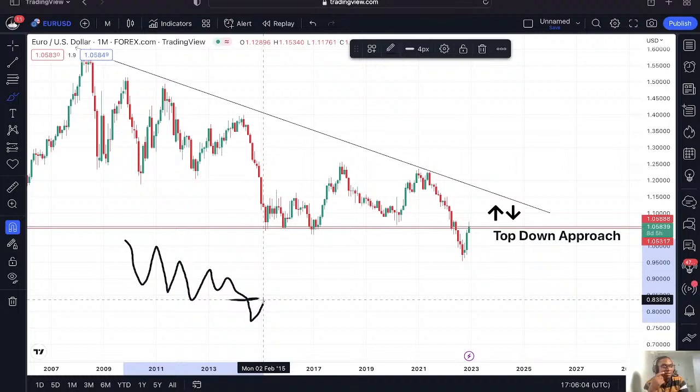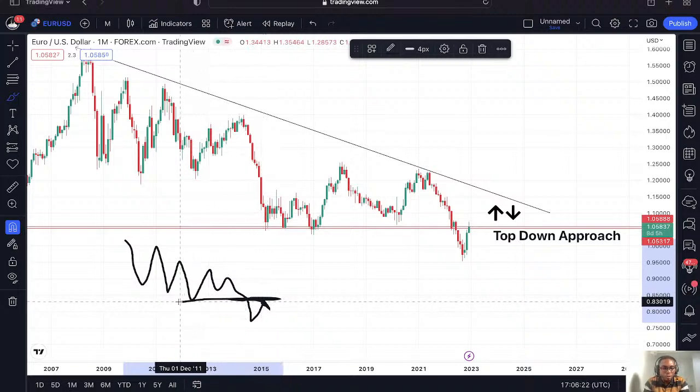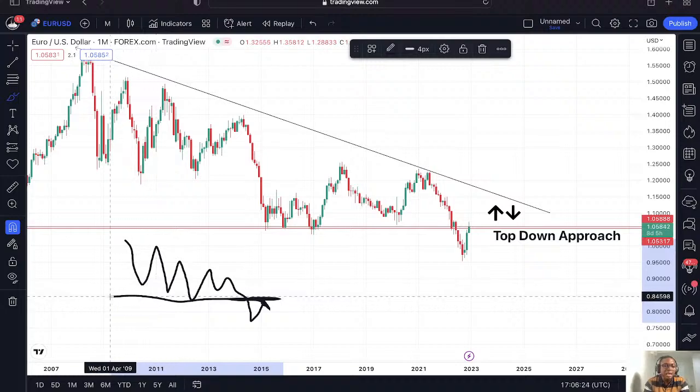Now we can see price pushing back, because this previous support level would not be an easy one to break back into. There is an 80% chance that there would always be a pullback after a breakout.